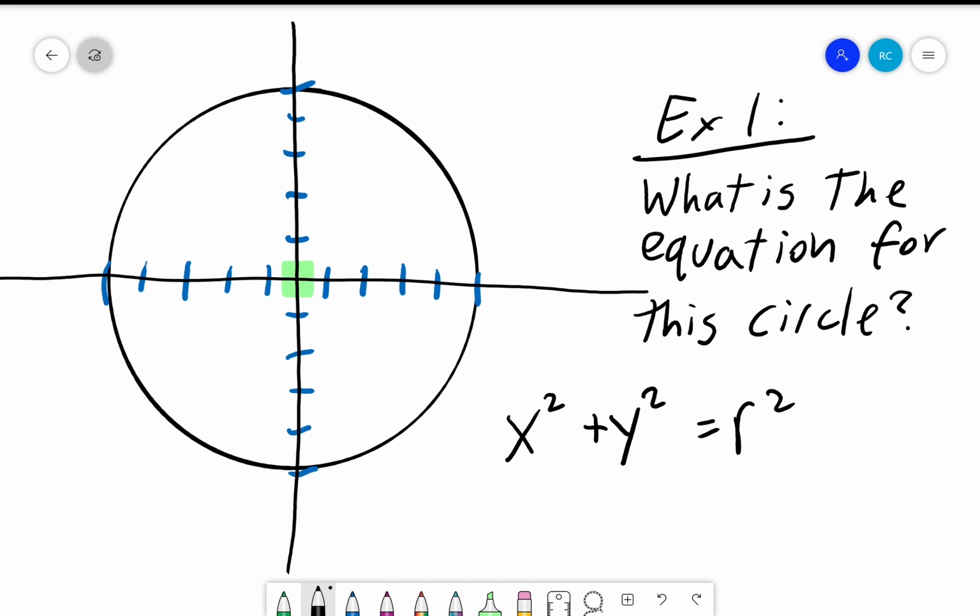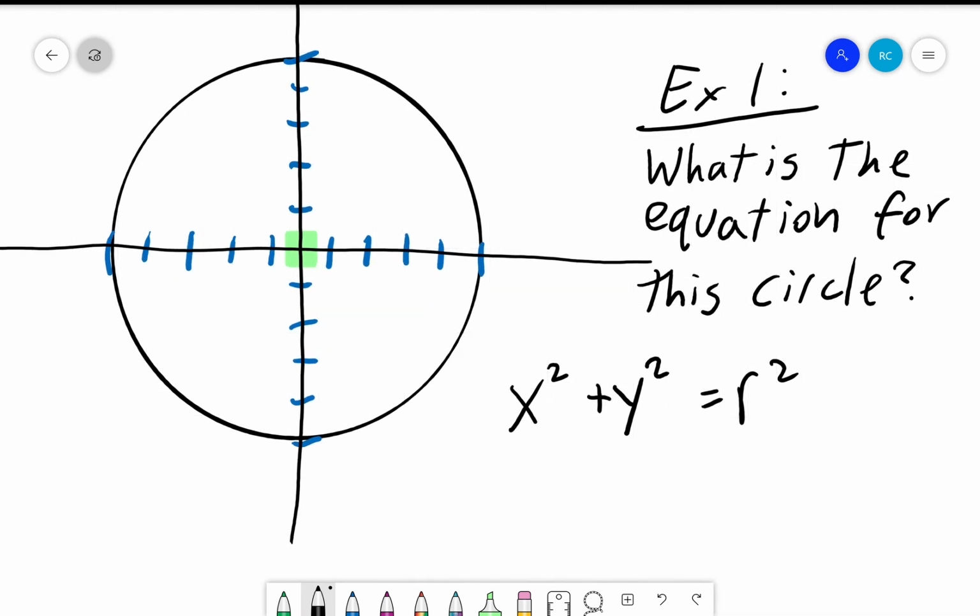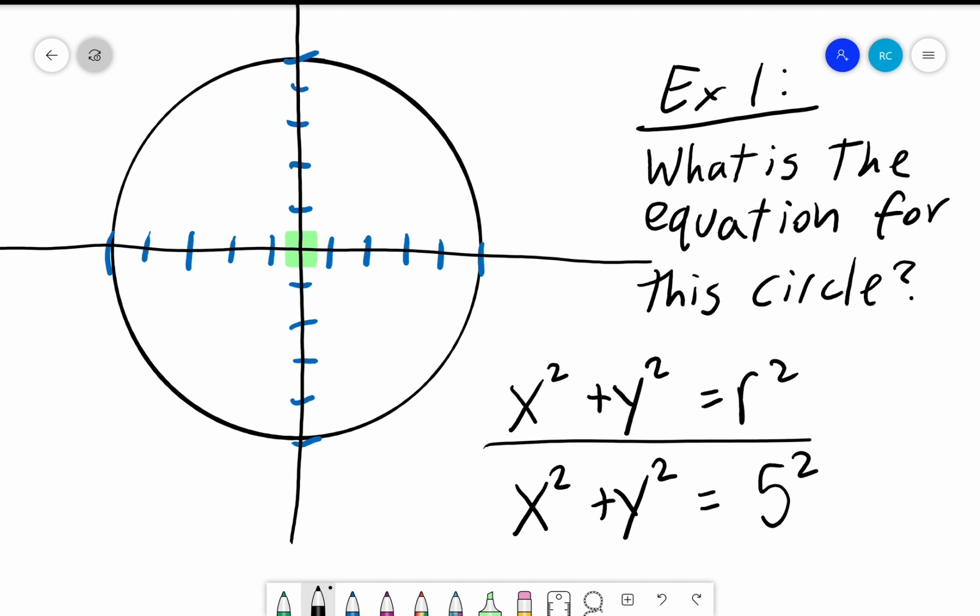Now, we're not looking for numbers for x and y because x and y can be any combination that gets you to the edge of the circle, but we do know that the radius is 5, so the correct answer to this problem is x squared plus y squared equals 5 squared, or 25. That is absolutely an acceptable way of writing this. And again, if you don't believe me, jump over to Desmos on your own, open the graphing calculator, and type in x squared plus y squared equals 25, and see what happens.